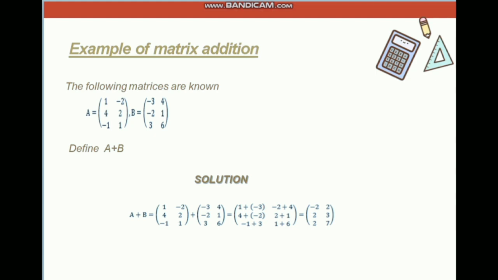Next, the value in matrix A of the second row, second column is also added with matrix B of the second row, second column. Next, so the result of A plus B follows like this.